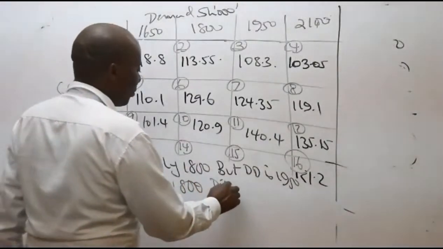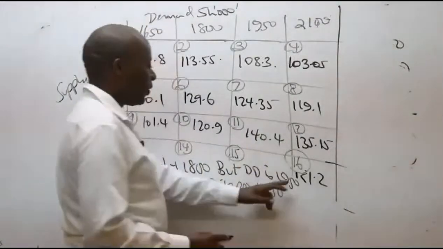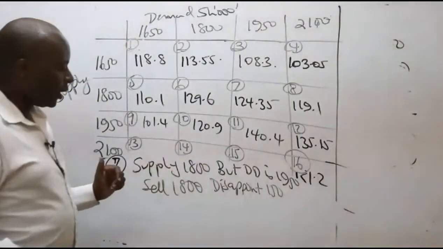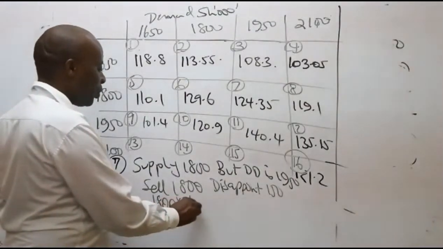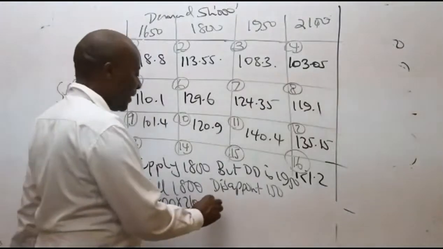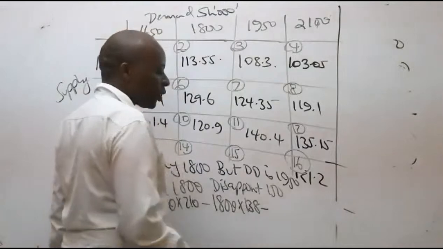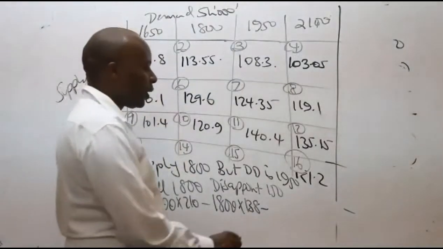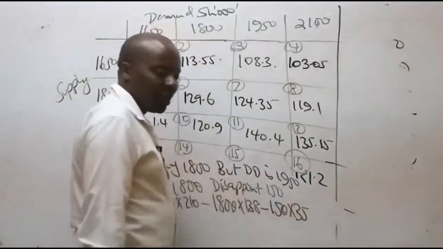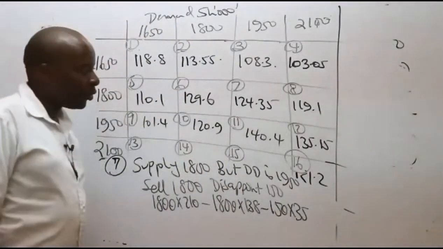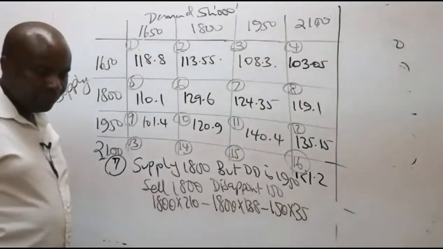Here it's about disappointments. Disappoint 150, the difference between the two. So that if that is the case, my selling will be 1800 times 210 minus 1800 times 138 minus the cost of disappointing these 150 customers. So 150 times 35.